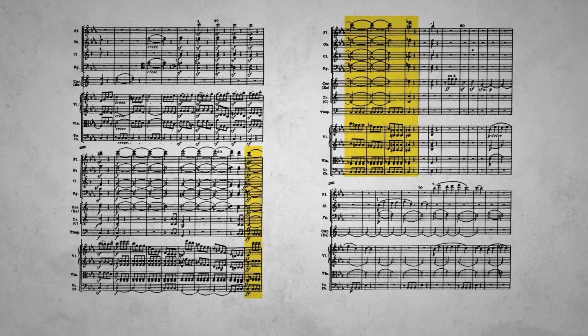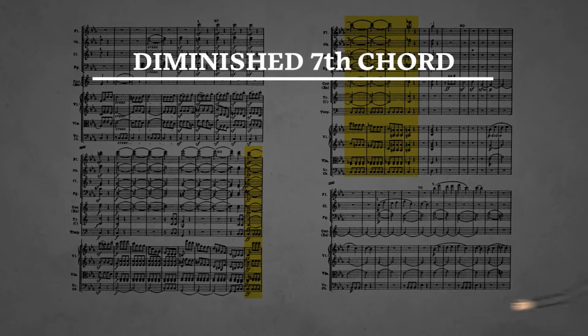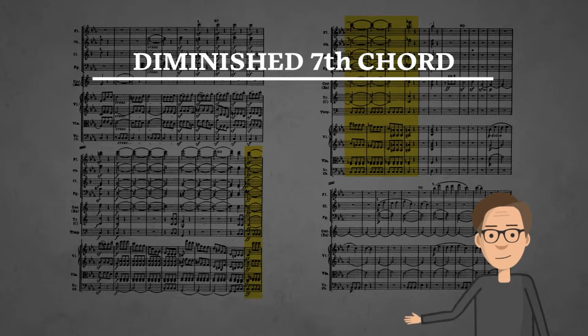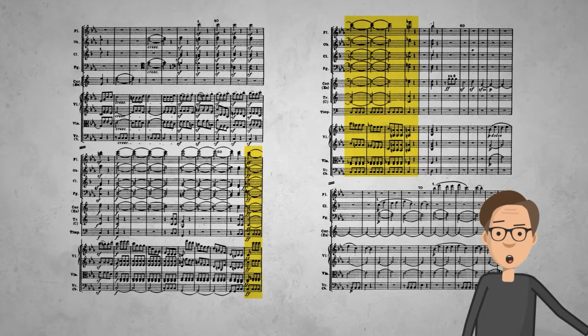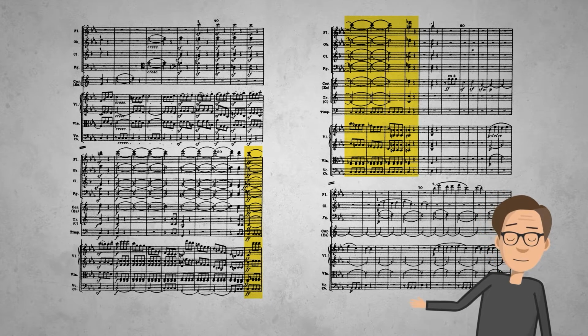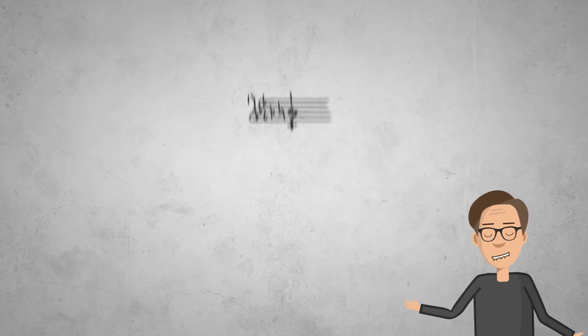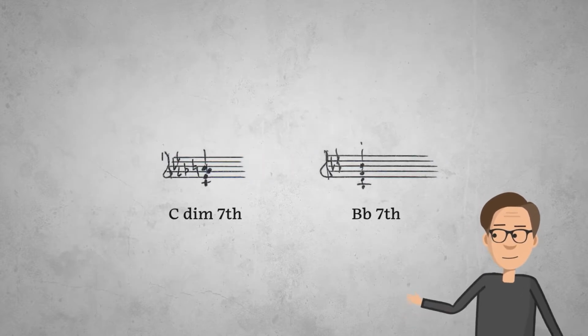And that tempestuous sounding chord is none other than our diminished 7th chord, guaranteed to increase the tension level in any dramatic music. And these diminished 7th chords can be pretty tricky.